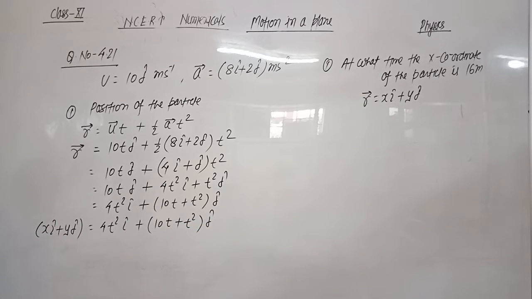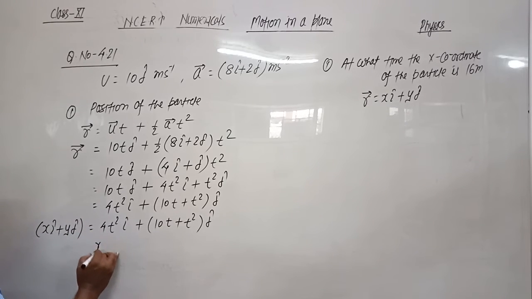We have to find at what time the x coordinate of the particle is 16 meters. The x coordinate means the coefficient of i cap, so we compare the coefficient of i cap from both sides.